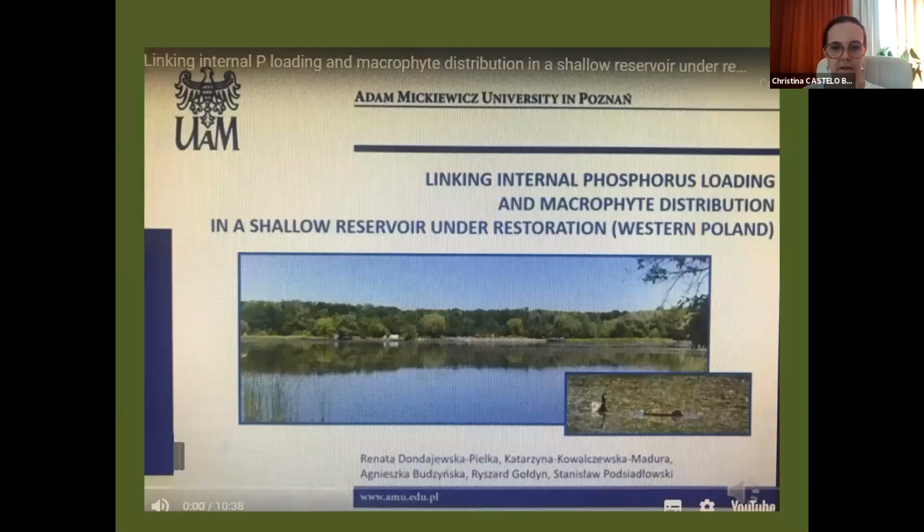Okay, let's go for the next. Linking internal phosphorus loading and macrophytes distribution in a shallow reservoir under restoration, Western Poland.